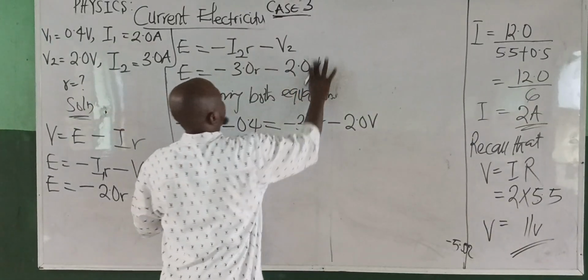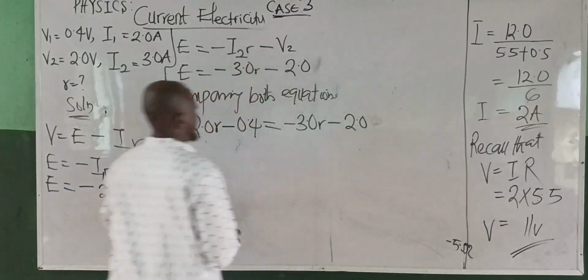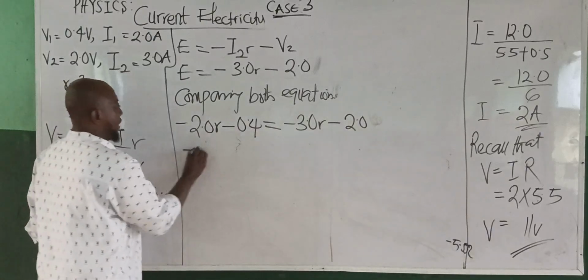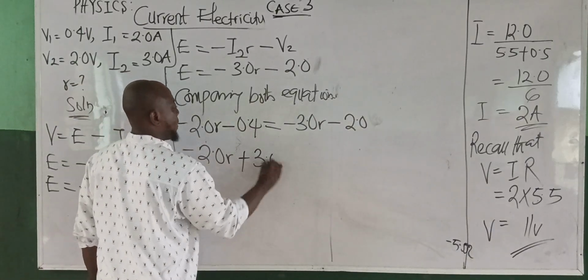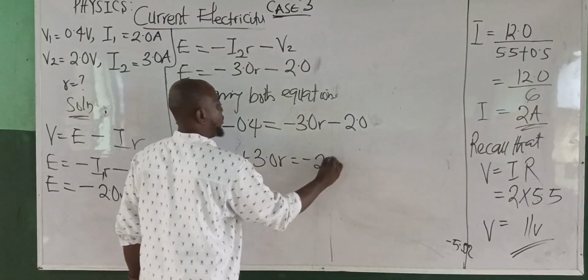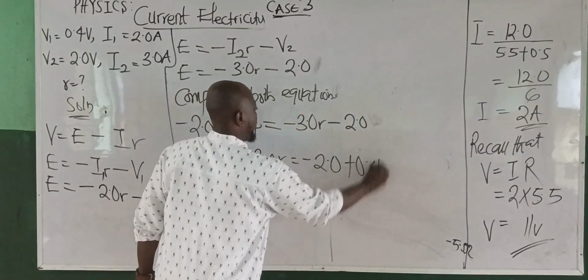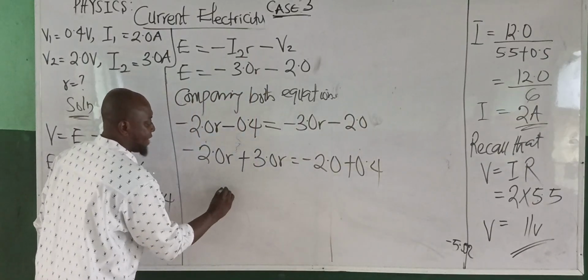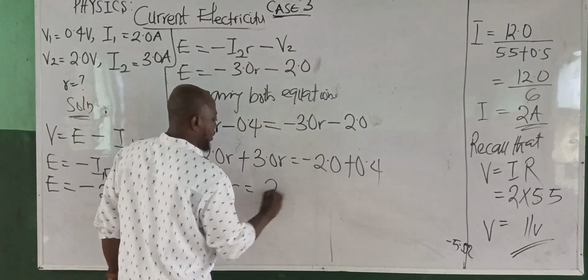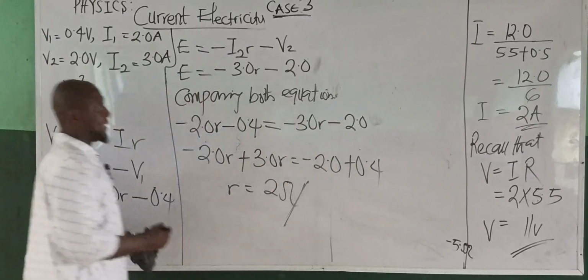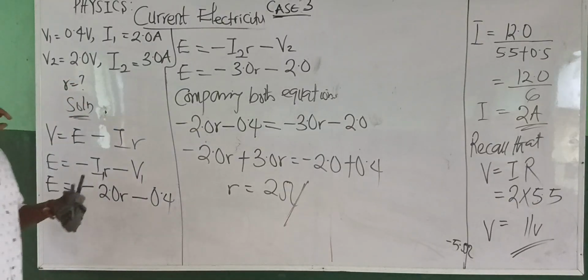So what do we know to do now? I can say, collect like terms, please. This comes over, becomes plus. And then minus 2.0 here will give us 0.4. If you do this math, we are having R. This will give us 1 R or 1. So this will give us just 2 ohms as our variable. This is how this is solved.